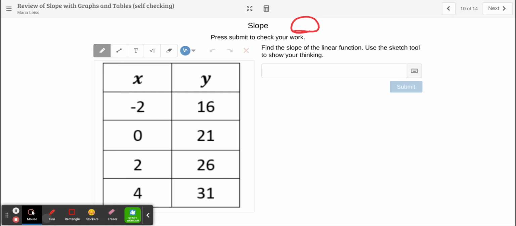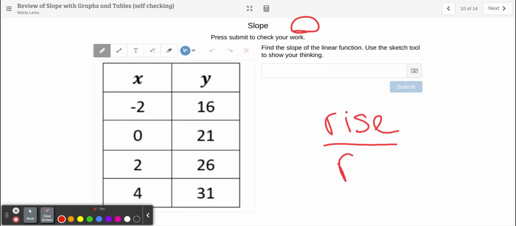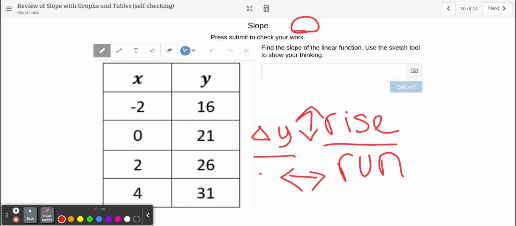So on this one, remember slope is rise over run. Rise always goes up and down. Run always goes left and right. And what it's written as in algebra is change in y over change in x. That little triangle means change. I don't know why, but it does.